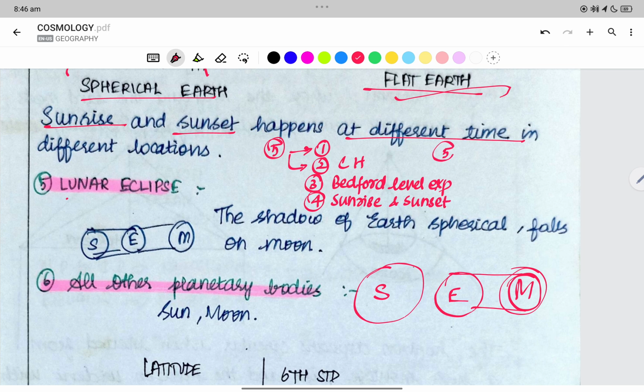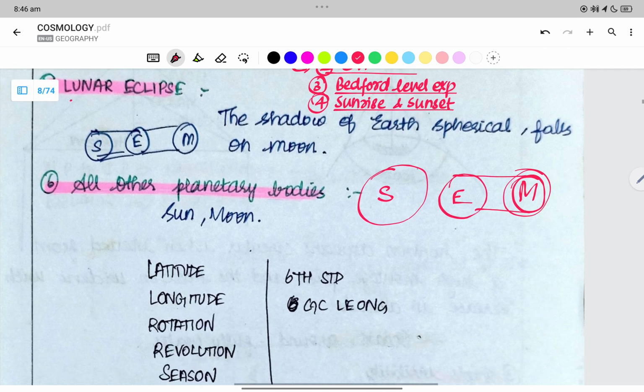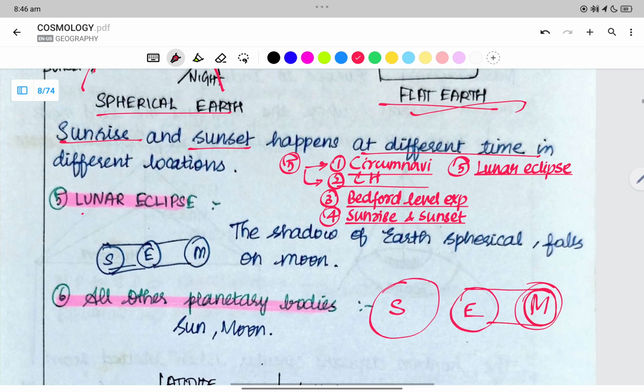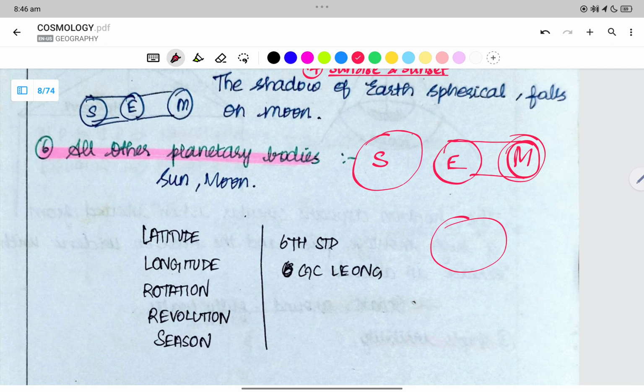The fifth one is lunar eclipse, right? So circumnavigation, circular horizon, Bedford level experiment, sunrise and sunset, lunar eclipse. Yeah, these are the evidences for the earth being spherical in shape.